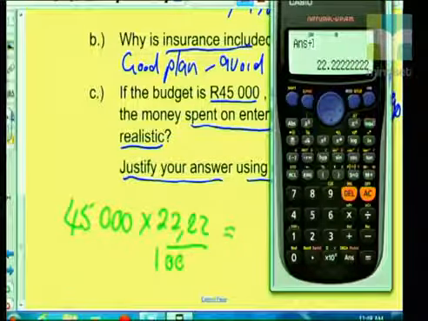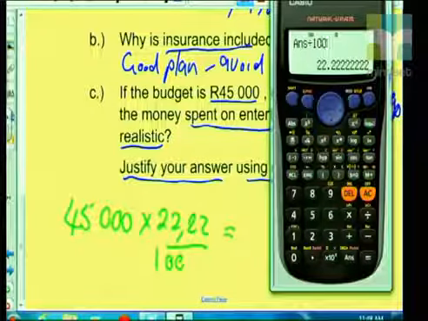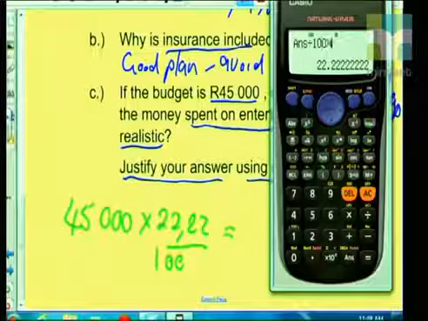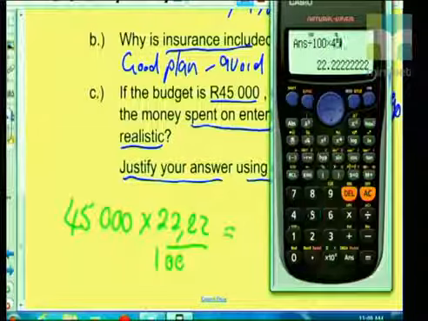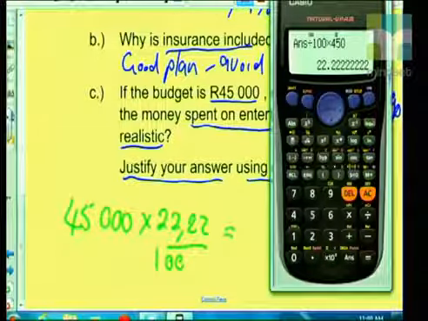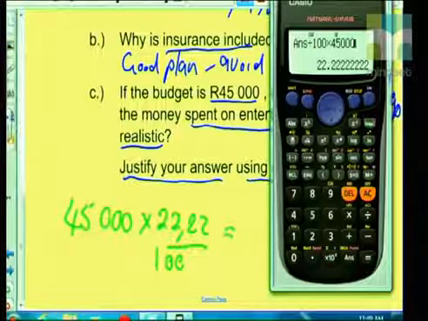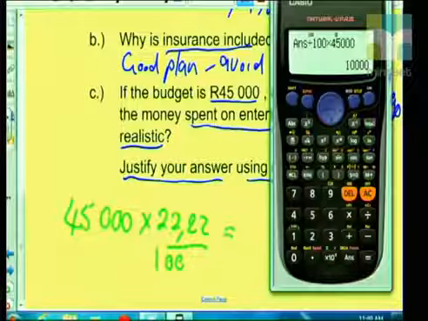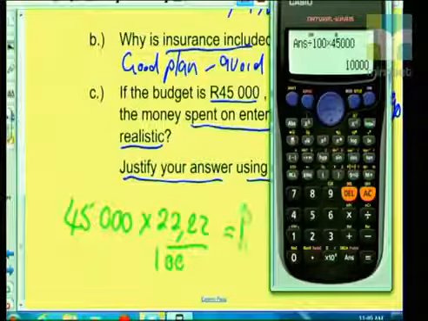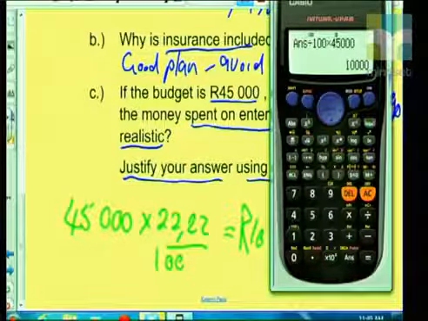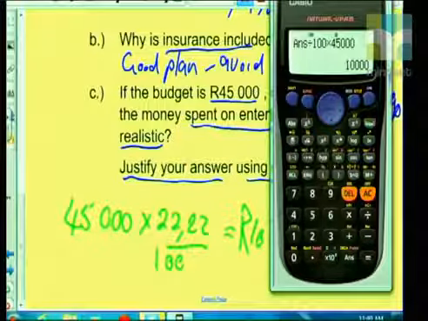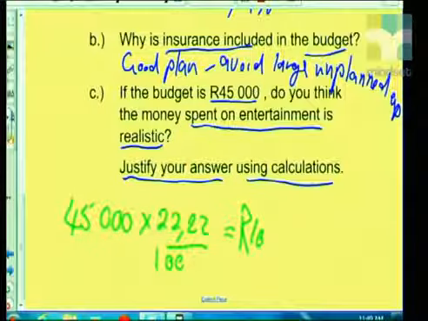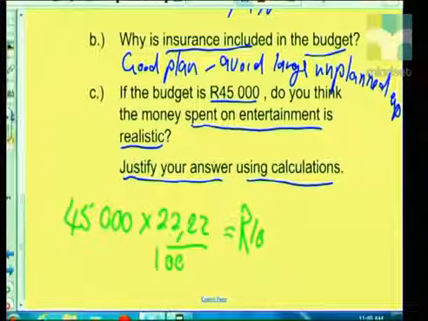So we divide that by 100, multiplied by 45,000 Rand. And what you'll see is that the answer comes to 10,000 Rand. I'll just need to close the calculator. 10,000 Rand.